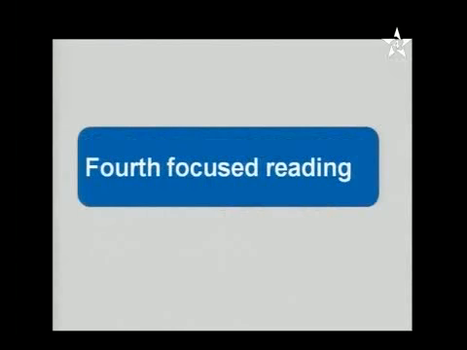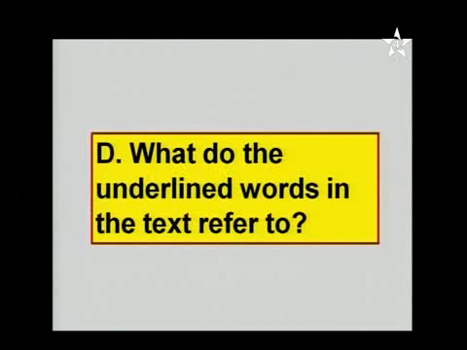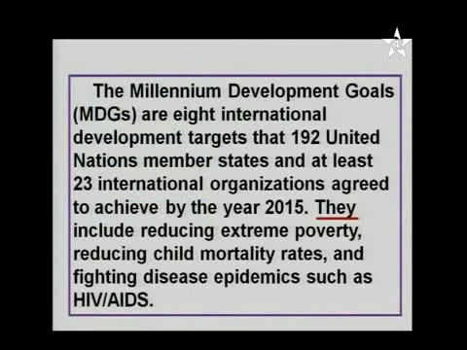Now we come to the set number 4, which means the fourth focused reading. Focused means concentrated. Let's look at the questions. It's called pronoun reference. The question is, what do the underlined words in the text refer to? This is the question you normally have in your exam papers. Right? They, right? What does they refer to? Now, it's there in the text. It's underlined.